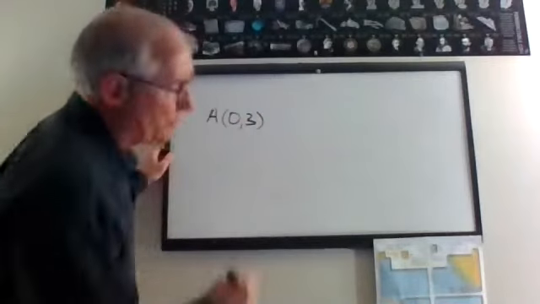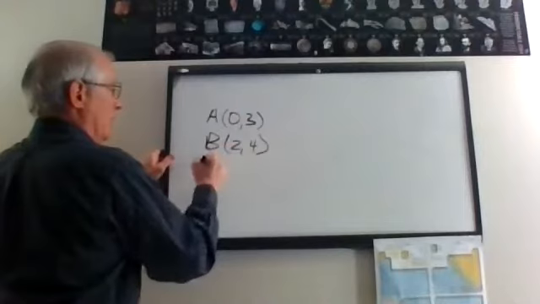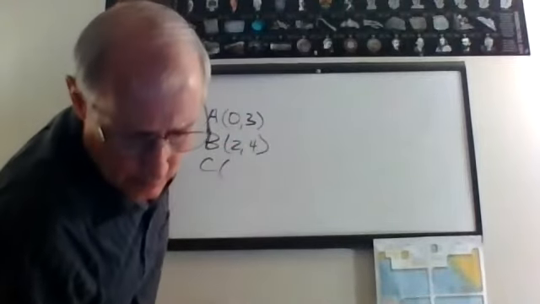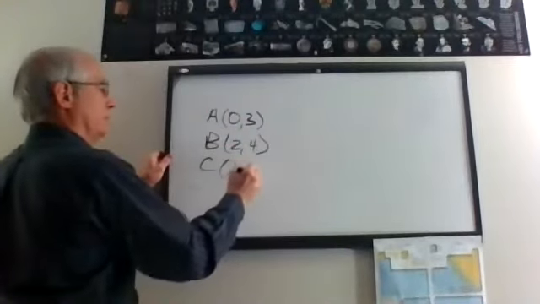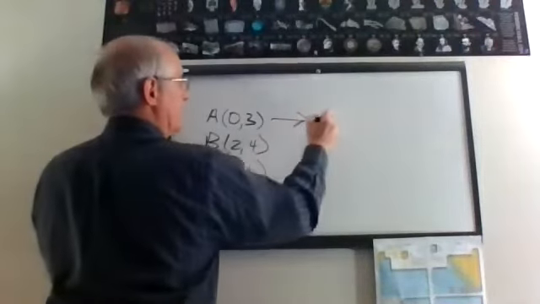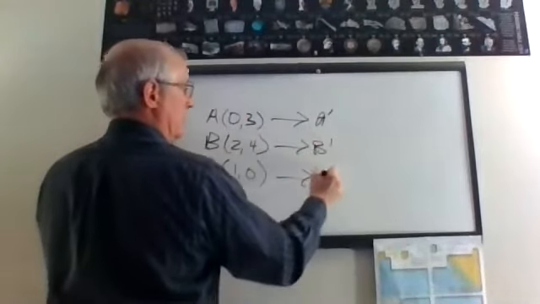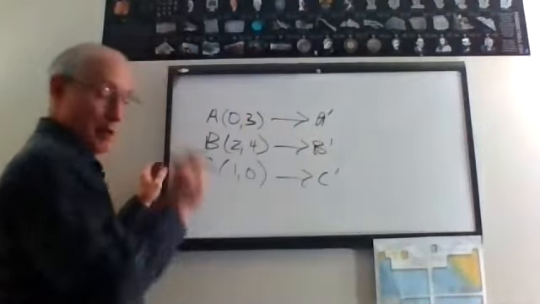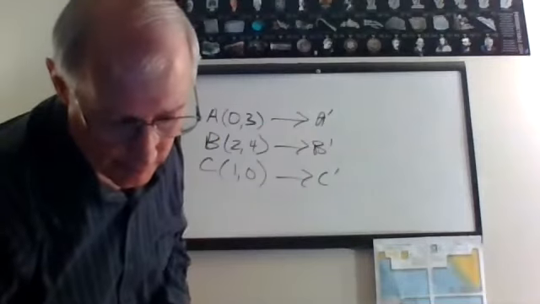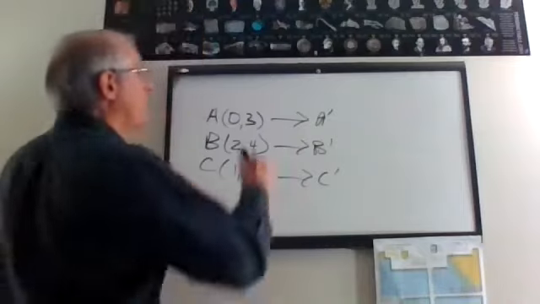B is 2, 4. And C is 1, 0. Okay, so we're going to translate those into an A prime, a B prime, and a C prime. And we're going to use the vector to do that. We're going to apply the vector 5, -1 to each one of those points.